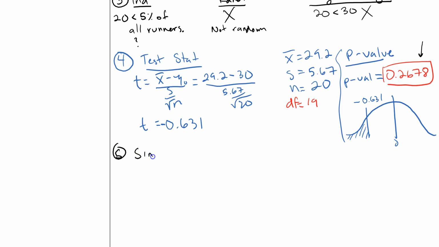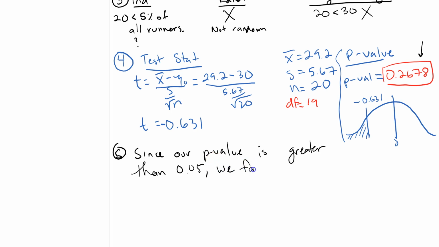So since our p-value is greater than alpha, which is 0.05, well, if it's greater than, then this is something that's still likely to happen given the null hypothesis is true. So we'll fail to reject the null hypothesis. So we fail to reject H naught.